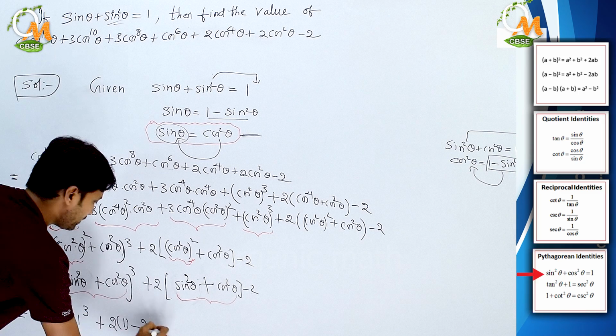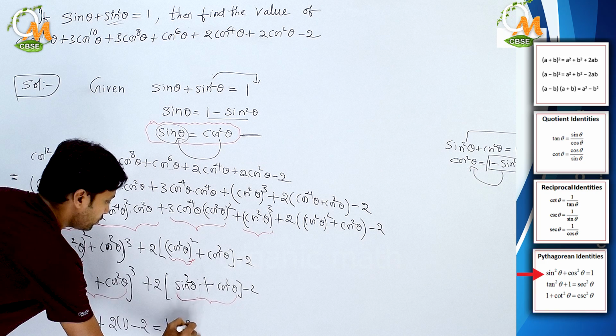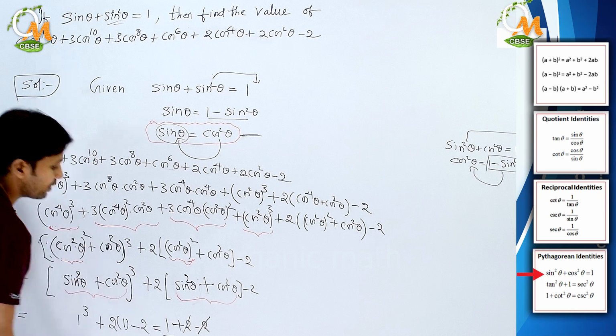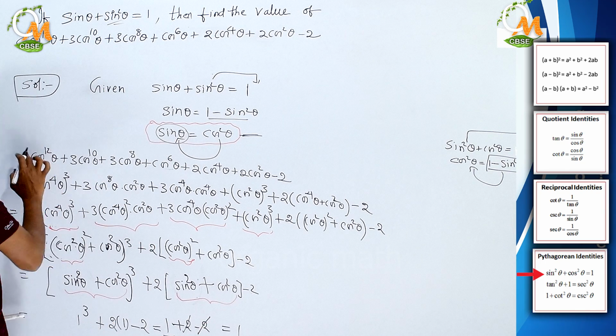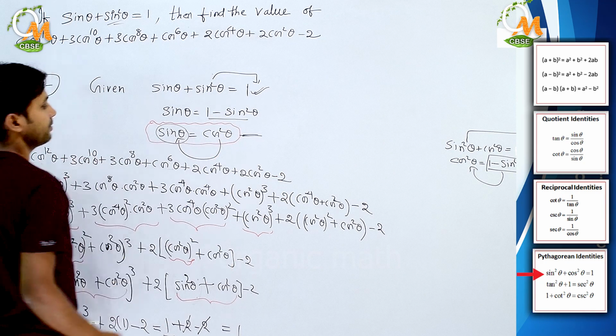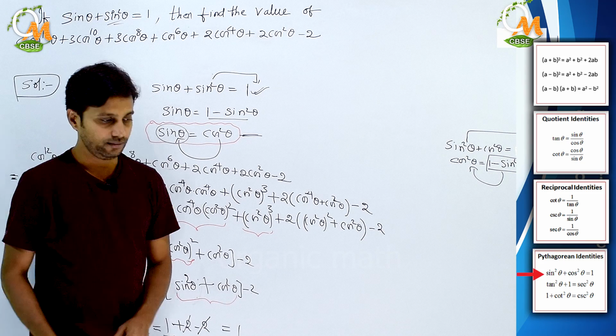So this would be how much? 1 cube is 1 itself, 2 into 1 is 2, plus 2 minus 2. If you cancel these two, what remains over there? 1. So what is the value of this entire expression using the given condition? Is it 1 or not? Yes, its value would be 1.